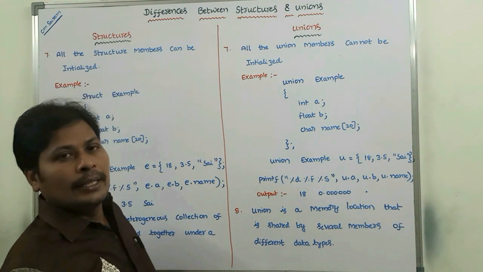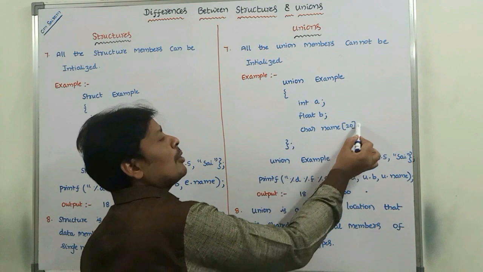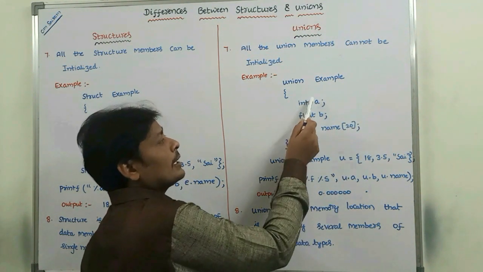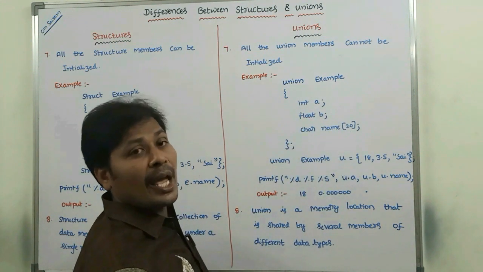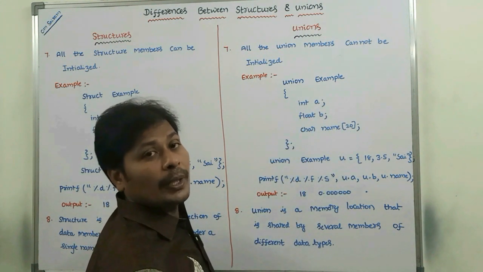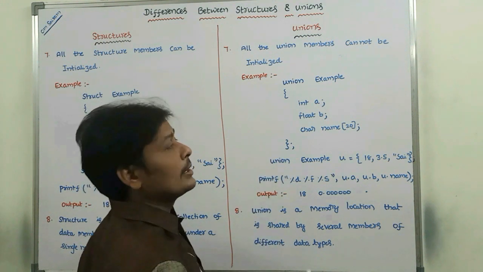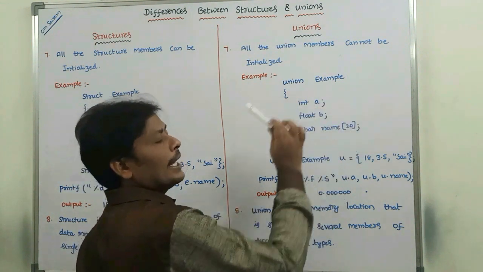But here, how much memory is occupied by the union? Whatever the largest data member is, that much memory is occupied by the union. That memory location is shared by all the data members.